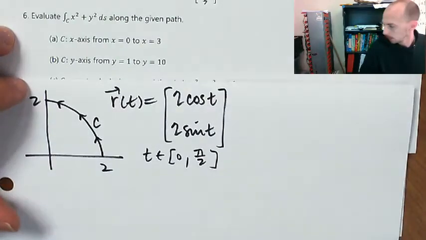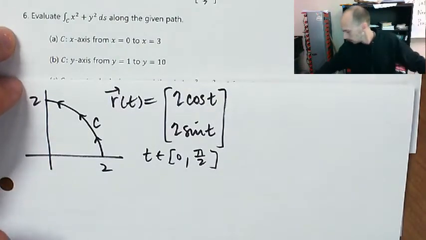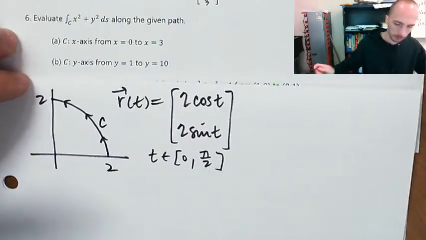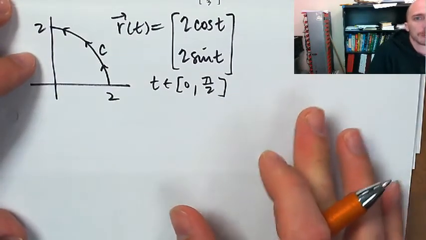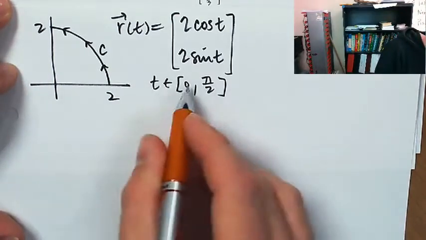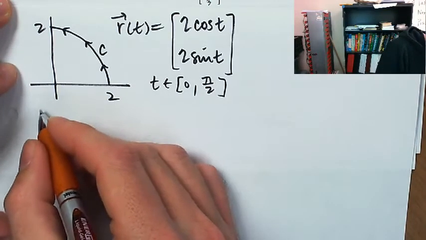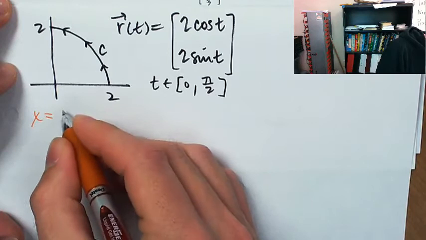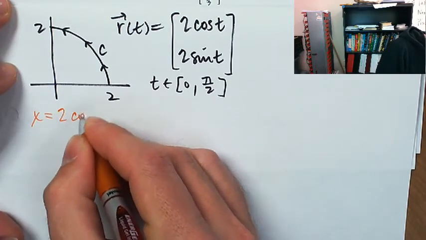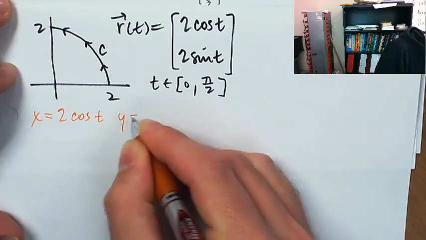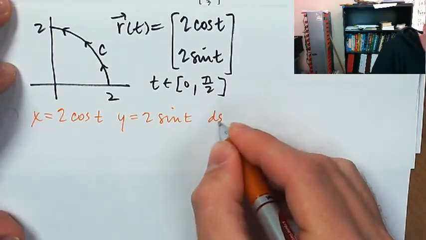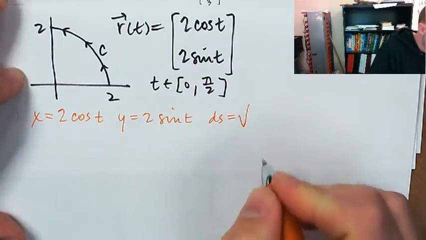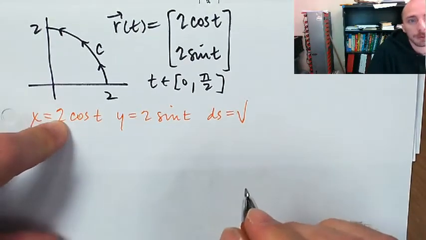Okay, so I'll go in and convert my x's, y's, and ds's. Meaning that ds is going to be the square root of, okay, negative 2 sine t.